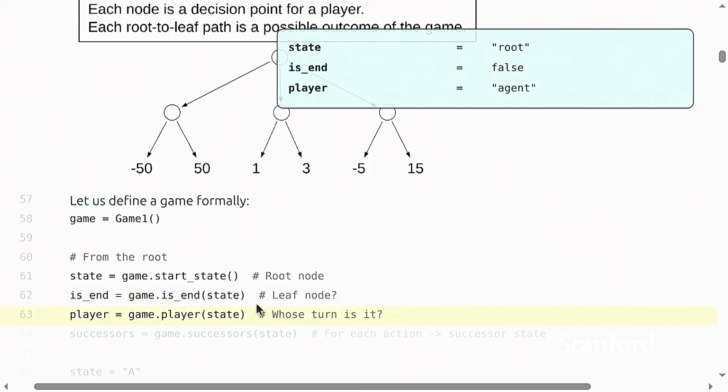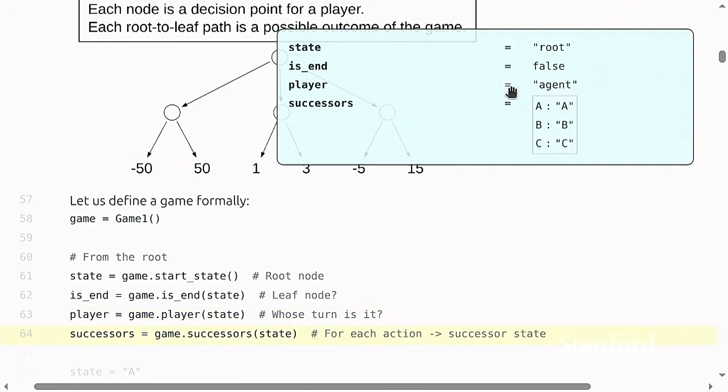This is new: at every state, I also have a player function that tells me whose turn it is. That is in general going to be a property of the state, so the state knows whose turn it is. And it's either going to be agent or op for opponent. And then finally, each state is going to give me a set of successors. I've written successors for our purposes here as a mapping from an action to a state. So taking action A takes me to state A.